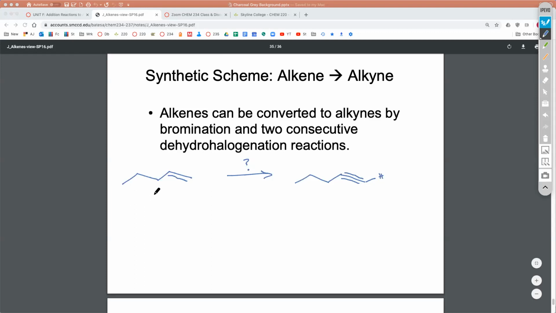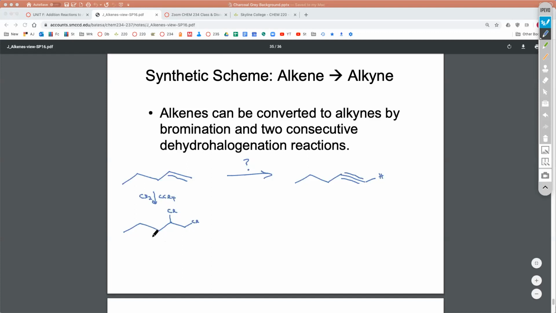Well, it turns out if I treat this with Br2, or maybe this time I'll show it with Cl2 and CCl4, then you're going to get this. Now, in both the last case and in this one, you would get anti-addition of the chlorine. In this case, the stereochemistry doesn't really matter because we're going to eliminate it anyway.